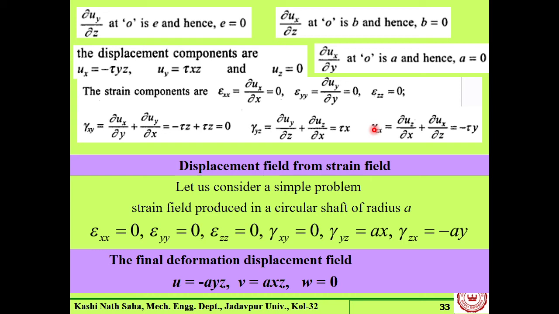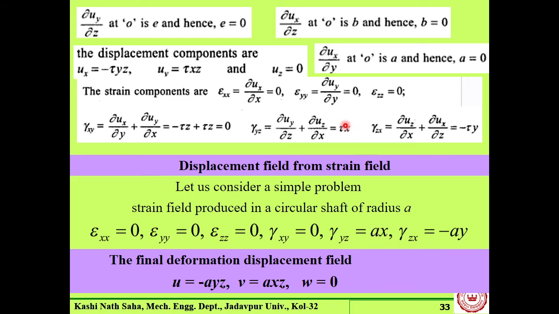But think about a problem where the strain field is given as epsilon xx 0, epsilon yy 0, epsilon zz is 0, and gamma xy is also 0, and gamma yz and zx are given like this. So, this tau here is as if a constant.